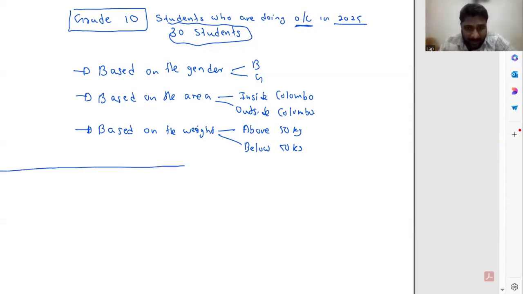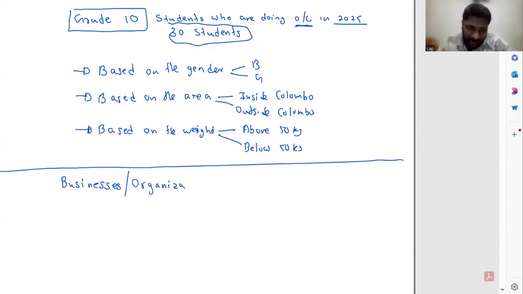Likewise, the same concept is applicable for businesses also. All the businesses in the world, businesses, if not organizations. Another name for businesses is organizations. These businesses, we can split based on three methods.